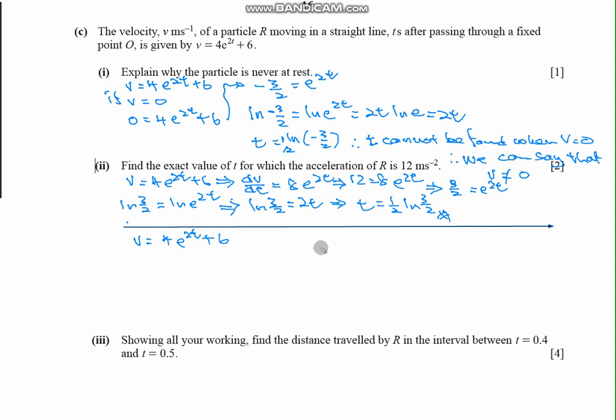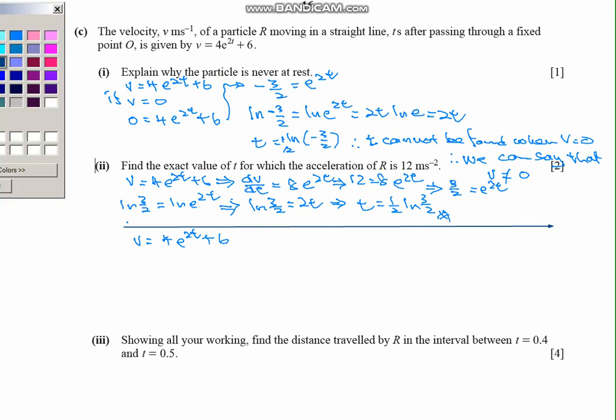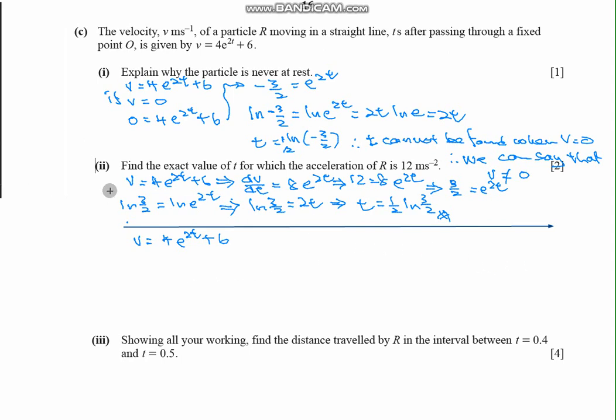Okay, now let's sketch this. Let's sketch it over here. The vertical axis is v and the horizontal axis is t.